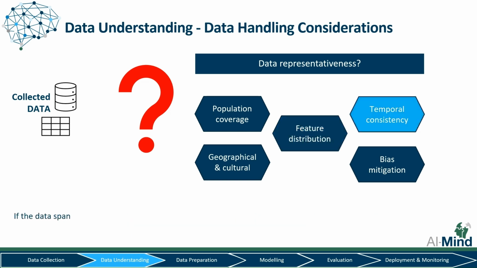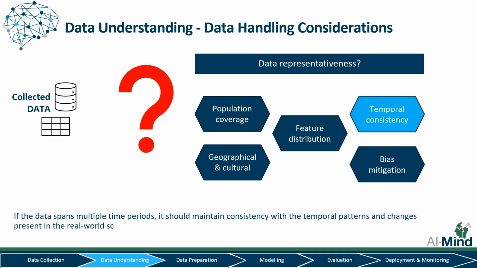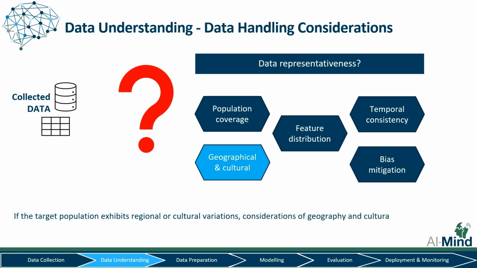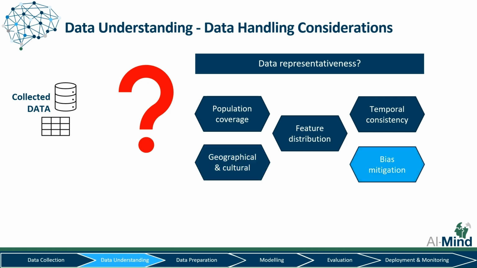If the data spans multiple time periods, it should maintain consistency with the temporal patterns and changes present in the real-world scenario. This is crucial for tasks where trends evolve over time. If the target population exhibits regional or cultural variations, consideration of geographical and cultural factors should be taken into account. The dataset should be representative of these aspects. And finally, bias mitigation.